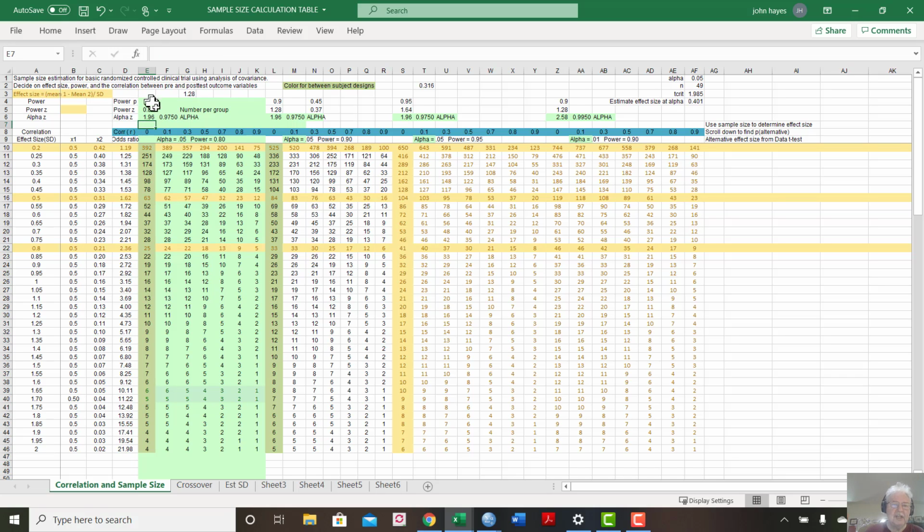So you just change these values and you can do it. You can also, if you want to, for some reason, do 0.32, you could just write in 0.32 and everything would be updated.